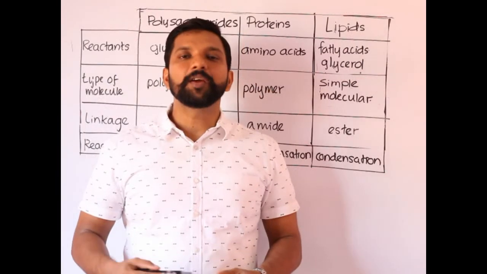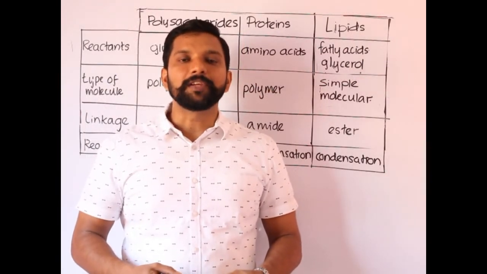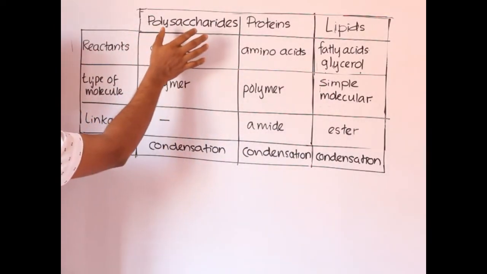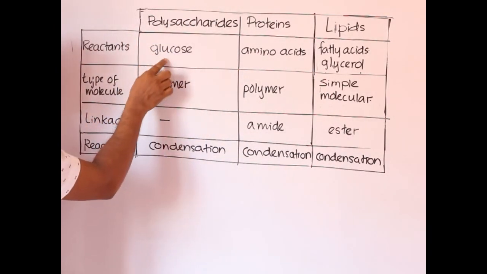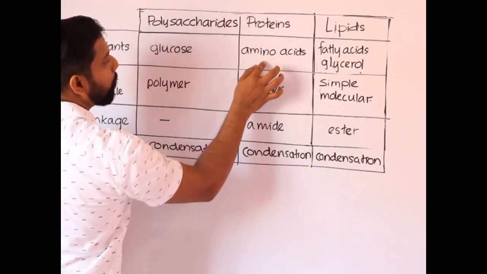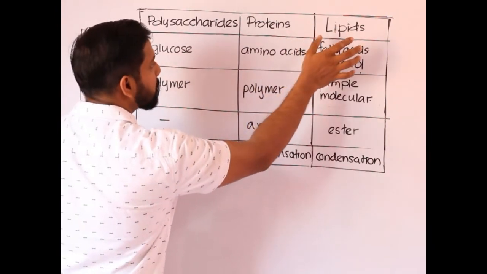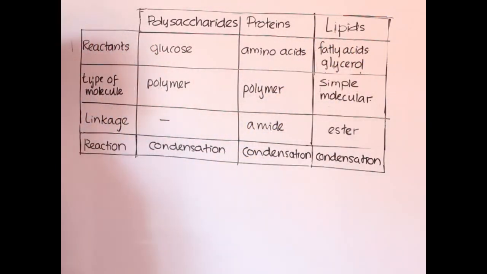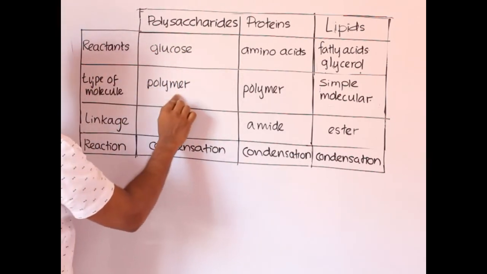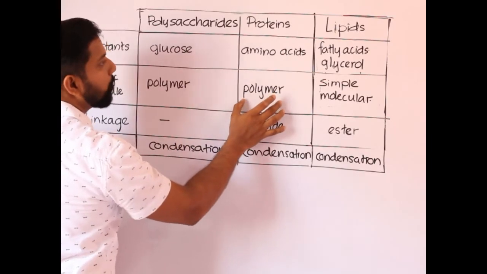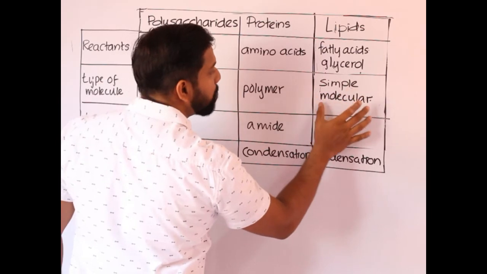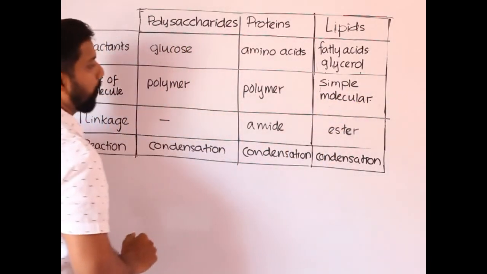Here are the 3 complex substances that we learned under this topic. Polysaccharides made from glucose, proteins made from amino acids, lipids made from fatty acids and glycerol. Polysaccharides are polymers. Proteins are also polymers, but essentially you have to remember lipids are simple molecular.